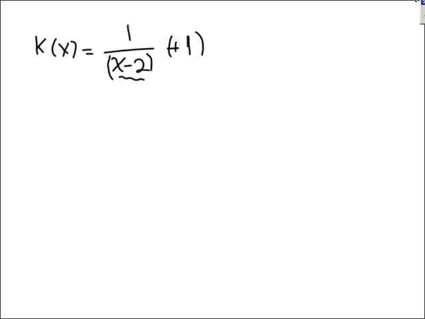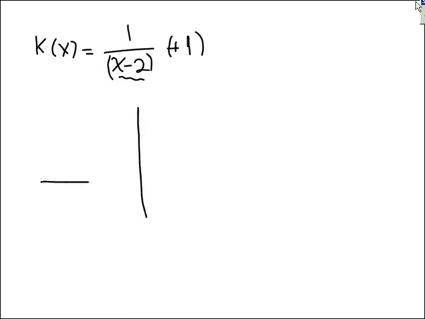Let's consider this problem. Suppose you have k of x is equal to 1 over x minus 2, plus 1. From pre-calc, you should remember that this is a 1 over x graph where I call the new origin at 2, 1.